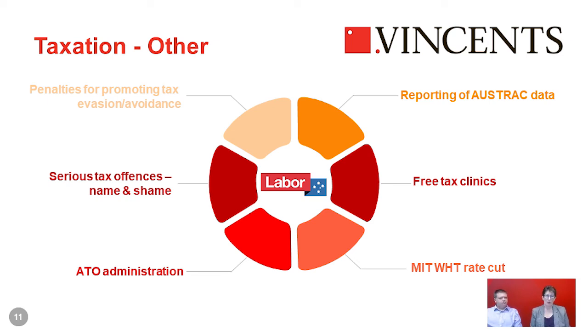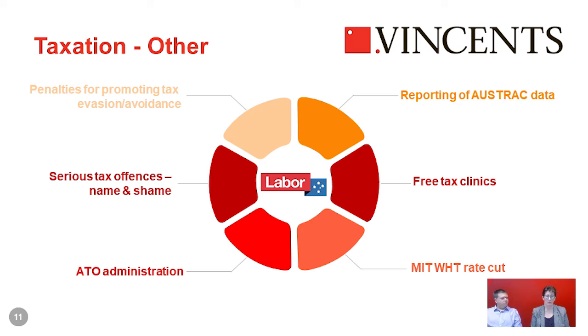There's a proposal also to provide free tax clinics to provide tax assistance to disadvantaged communities. This is a proposal that sets out putting 10 clinics around the country, staffed by volunteers, and those particular tax clinics may be able to register as tax agent in their own right.